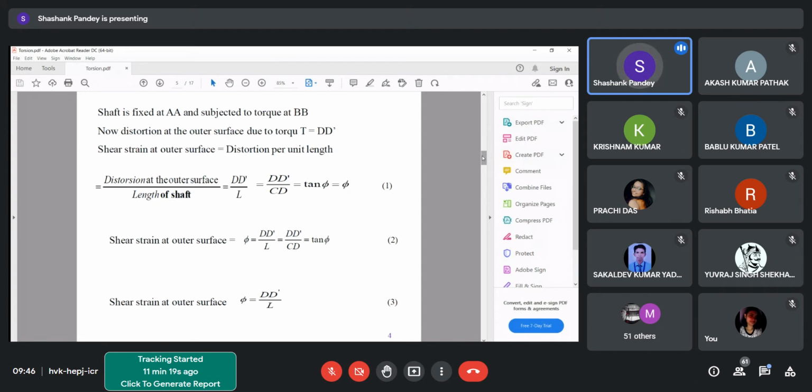Shear strain at the outer surface is equal to phi, which is D dash upon L, which is equal to 10 phi if the angle is of considerable magnitude.